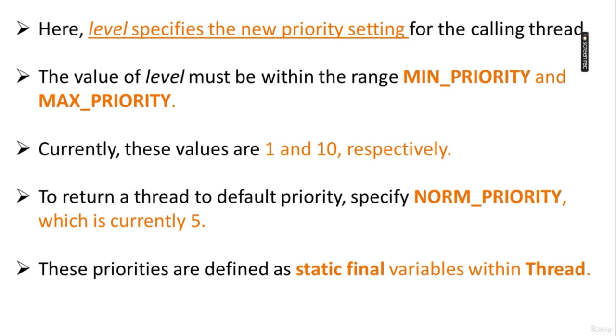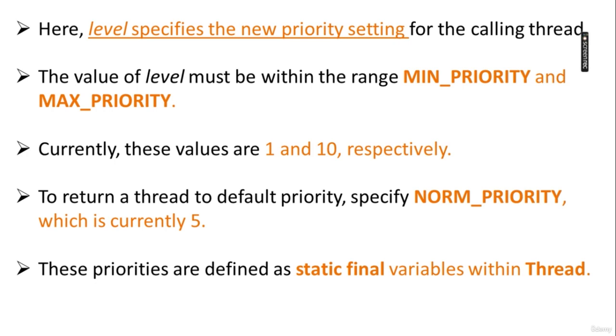So priorities are given as constants in Java, built in. They should be within the range from 1 to 10, minimum priority and maximum priority. These values are 1 and 10 respectively. And NORM_PRIORITY is 5, the normal average priority.